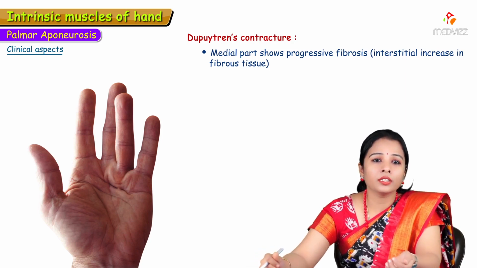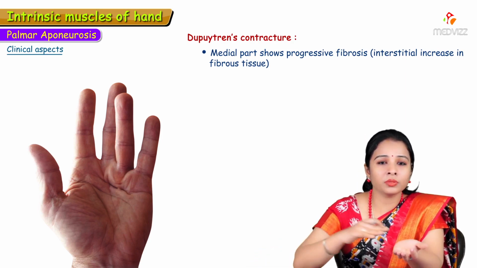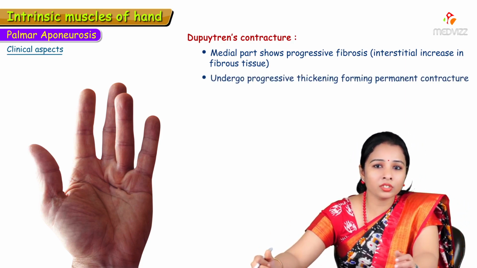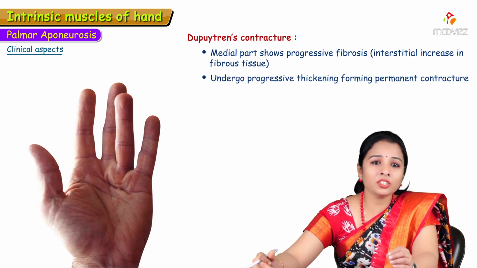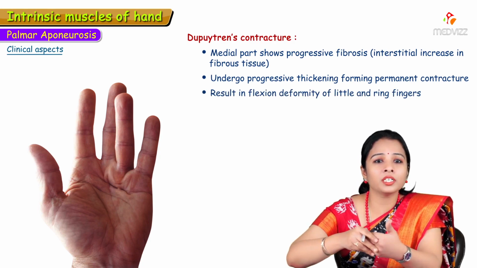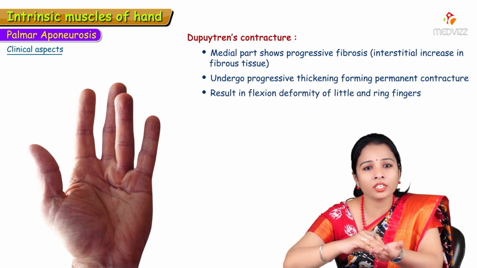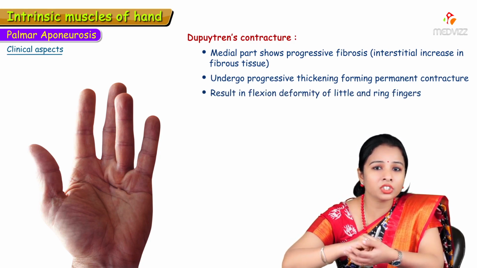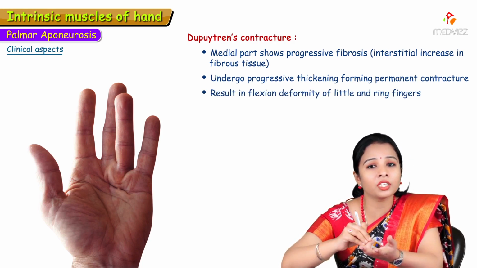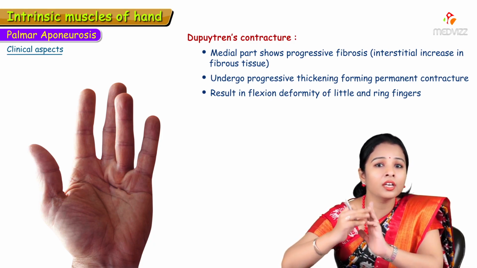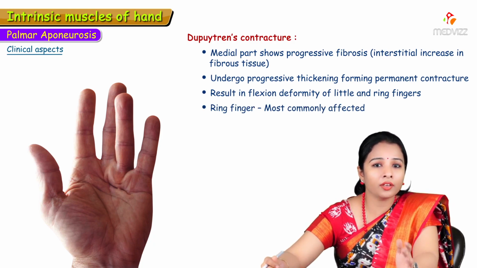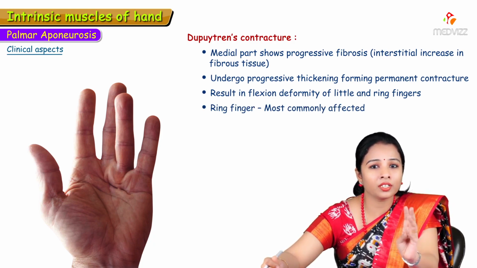Consequently, the medial side of the aponeurosis undergoes progressive thickening to form a permanent contracture, resulting in a flexion deformity of the little and the ring fingers. The ring finger is most commonly affected, more than the little finger.